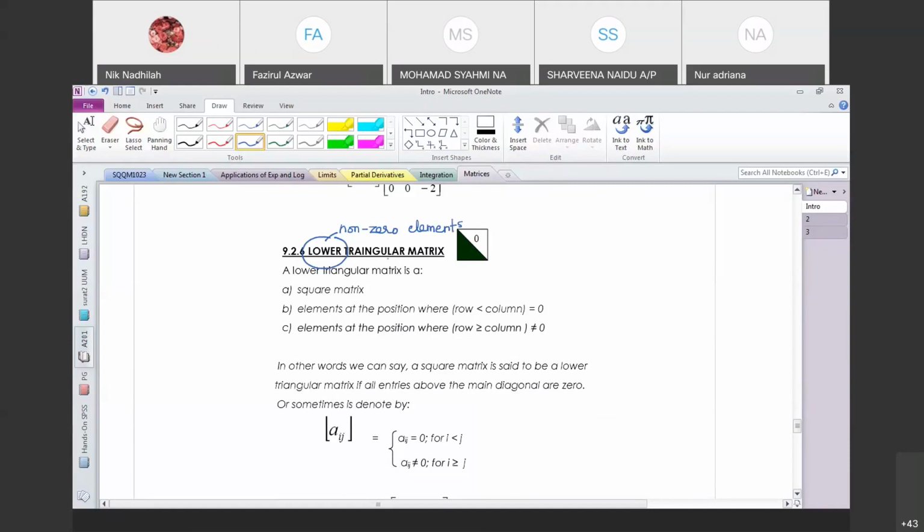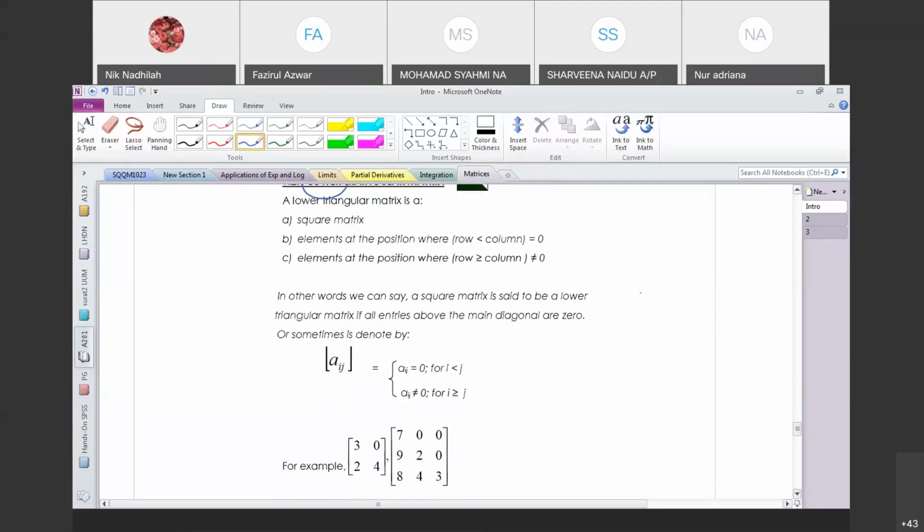If the non-zero are at the bottom, then it's lower triangular matrix. If the non-zero elements are at the upper side, then it's upper triangular matrix.